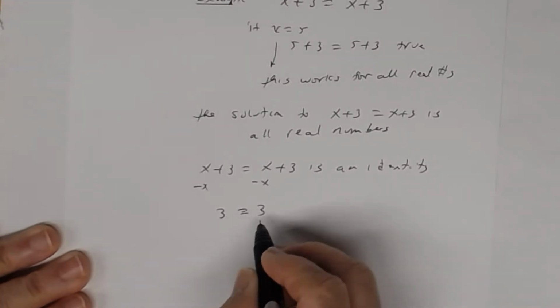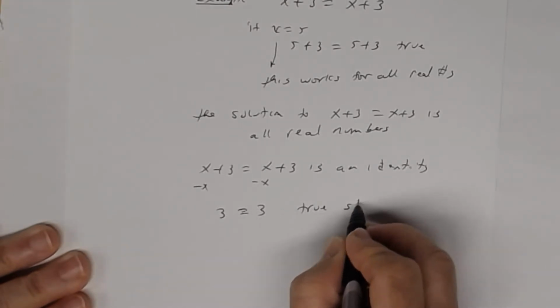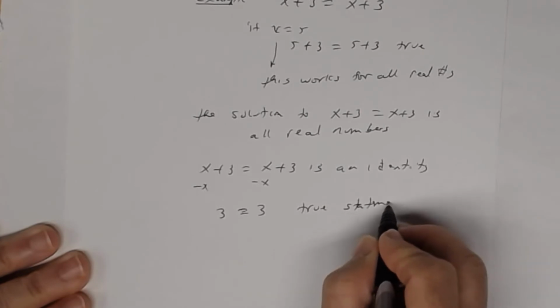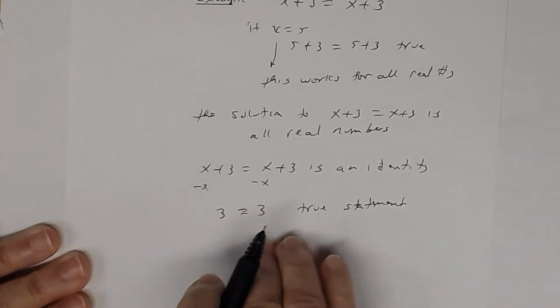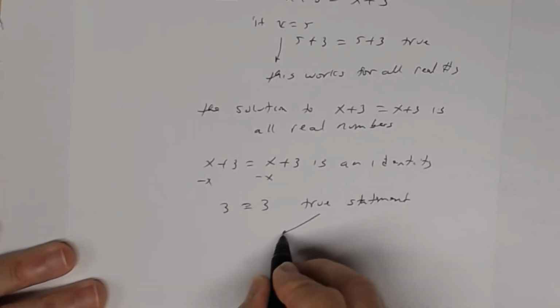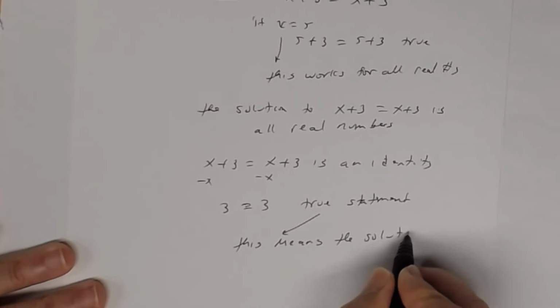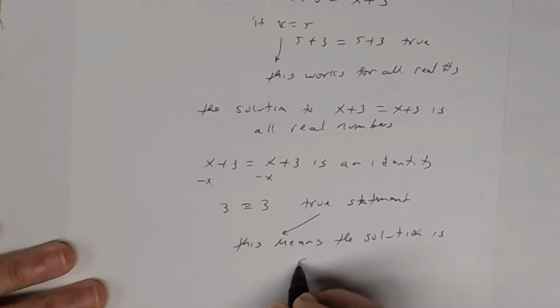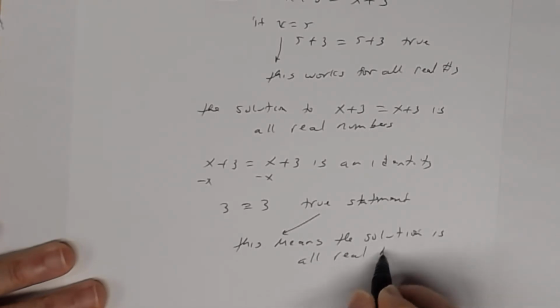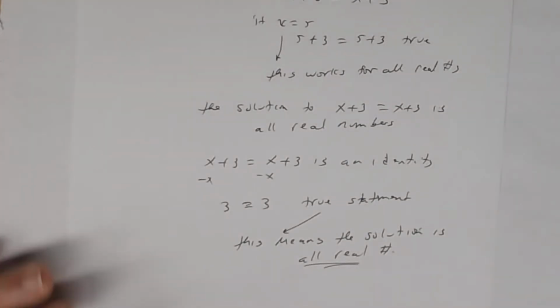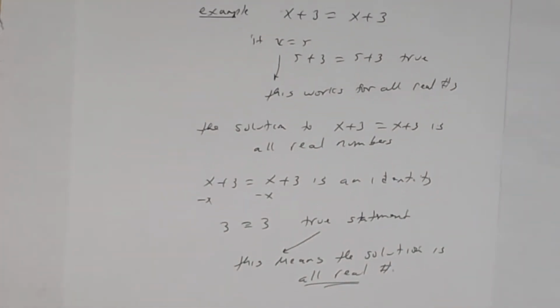Notice 3 equals 3 this time. That's a true statement. So when the variables disappear and you get a true statement, this means the solution is all real numbers. All right, so that's an identity.